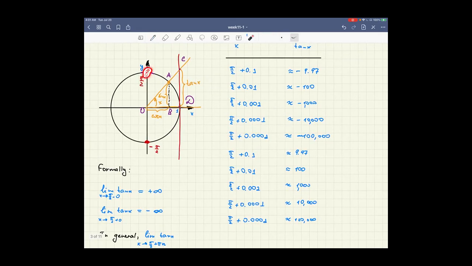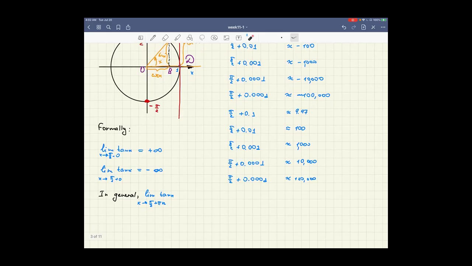So these are 2 points on the unit circle. Whether you are approaching from the right or from the left any of these 2 points, the value of tangent will be huge positive or huge negative.